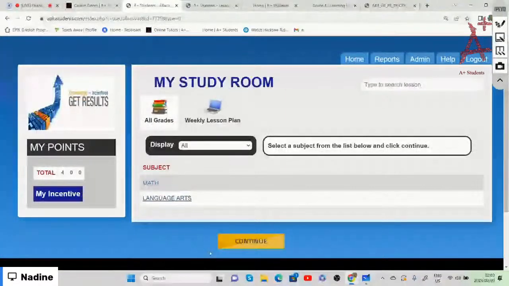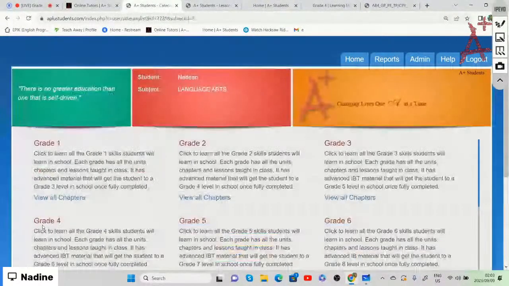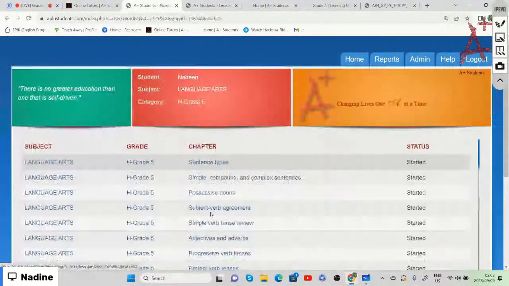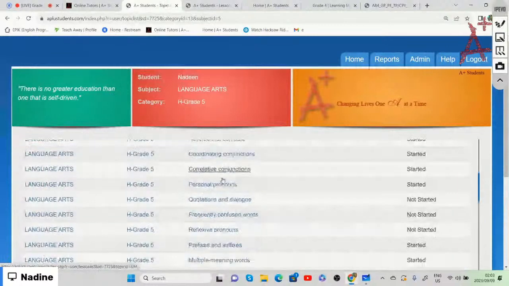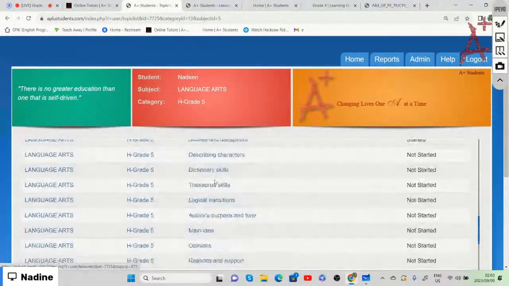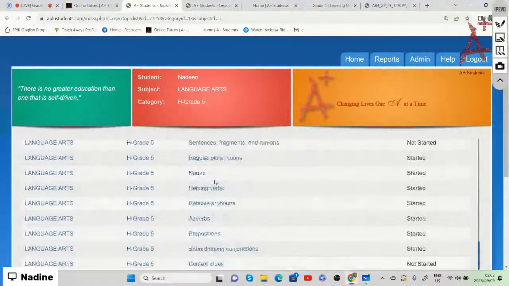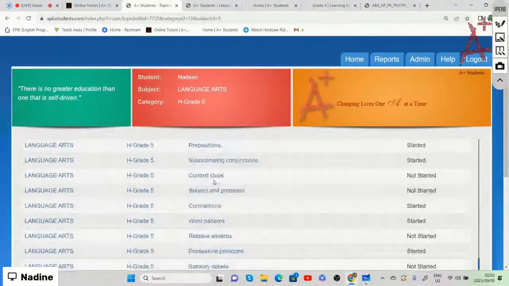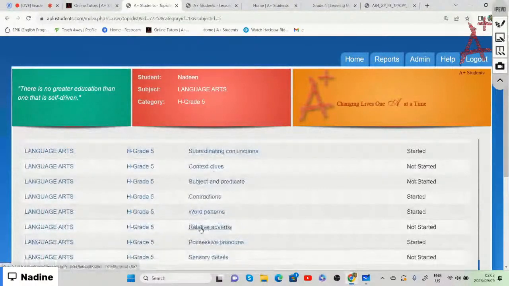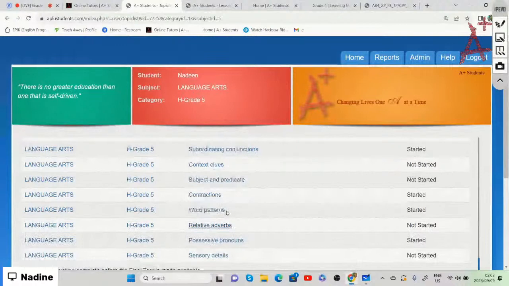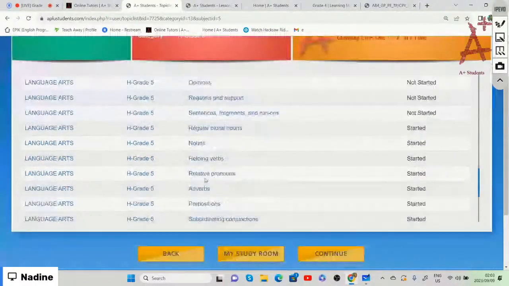Then we go to grade 5, and we're going to scroll down the chapters until we get to relative pronouns.